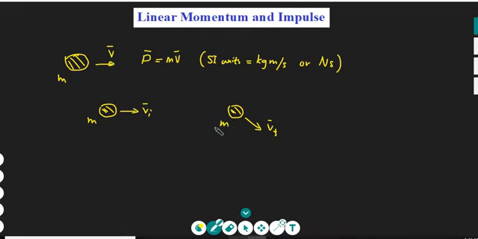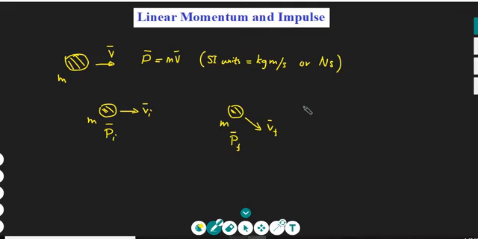Let's assume that its mass remains the same. So in this case, since the velocity has changed, its linear momentum is a different value compared with the initial value. If I consider this as linear momentum initial and this as linear momentum final, there's a difference between these two.